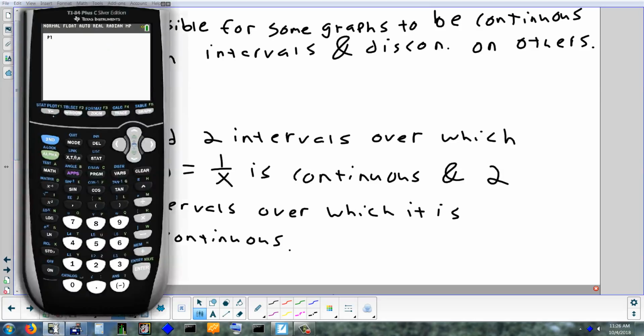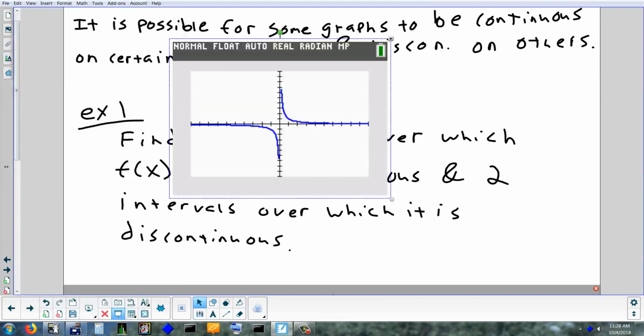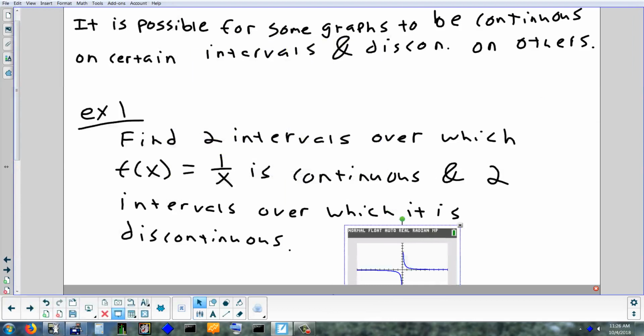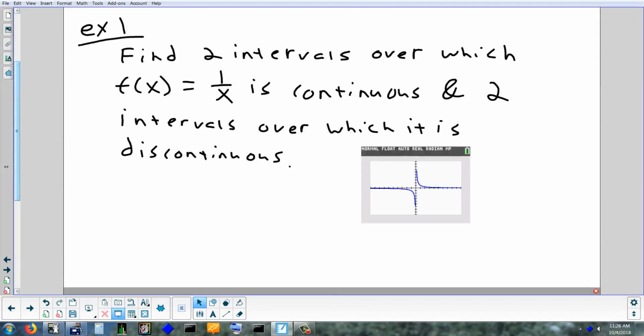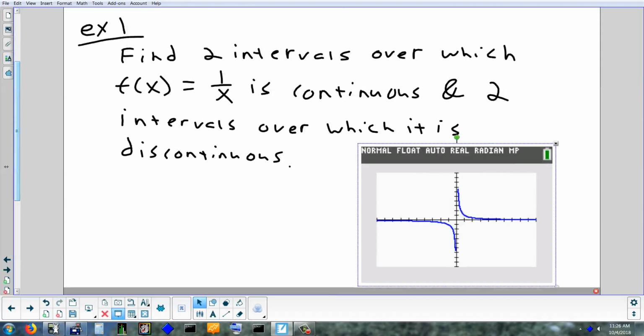So let's graph it. 1 divided by x. I know something weird is going to happen at 0, because we can't plug in 0 in the denominator. And that's close to what it should look like. It needs to continue up and down forever.